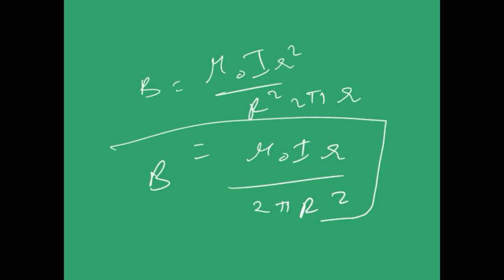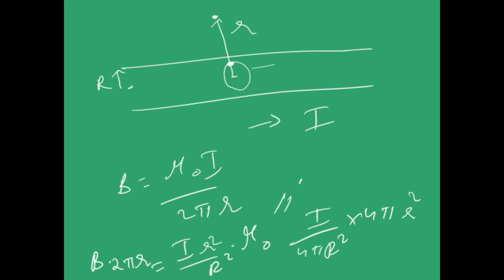When you want to calculate the magnetic field at a point which is inside the current carrying conductor, I mean to say that when r is less than R, observe this. Here it is linearly varying with the distance from the axis, whereas here it was inversely proportional to the radius or the radius vector.